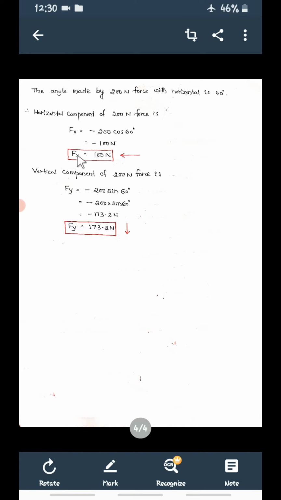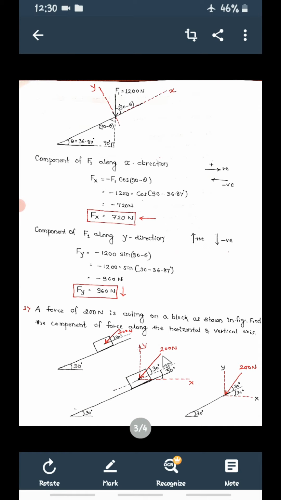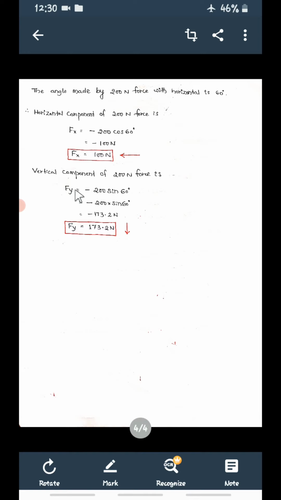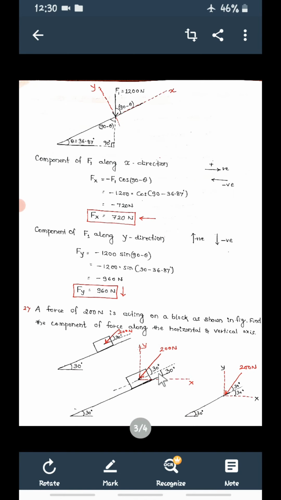So remove the minus sign. Fx is equal to 100 Newton, and minus means in this direction; this is the direction you have to show. Next, the vertical component. Make this force vertical. It is moving downward, and downward means again minus. So Fy is equal to minus 200 sin 60. For horizontal you took cos 60, and for vertical you have to take sin 60, but it is minus.